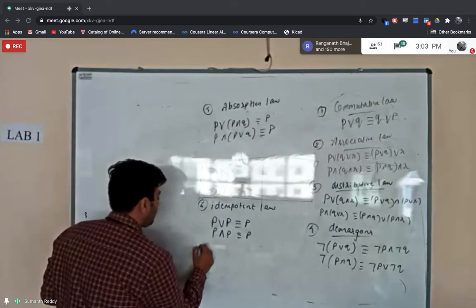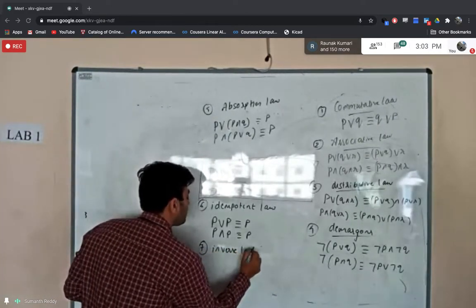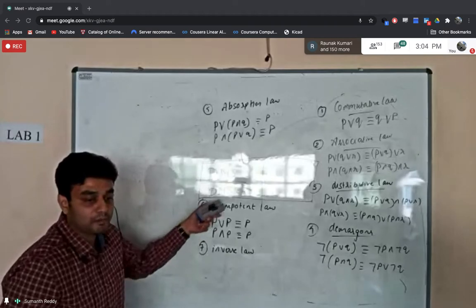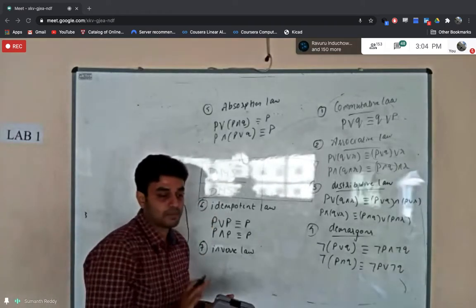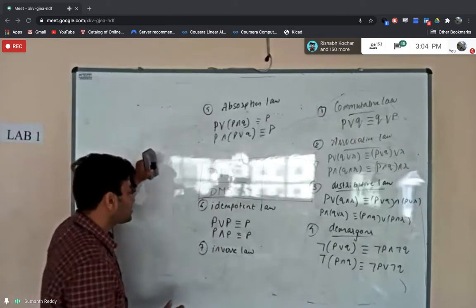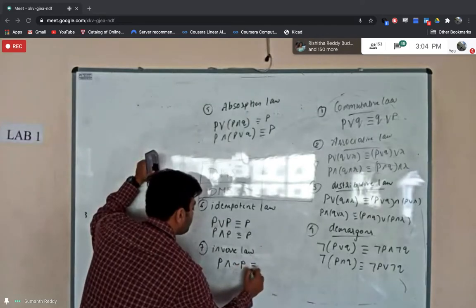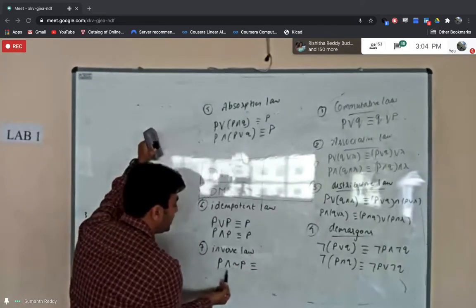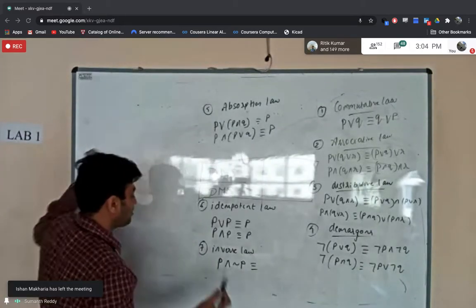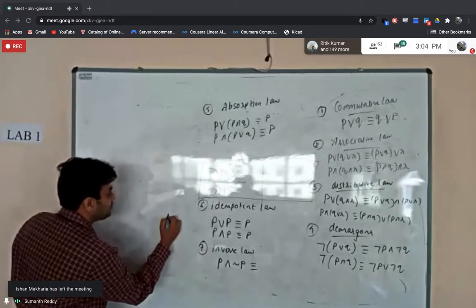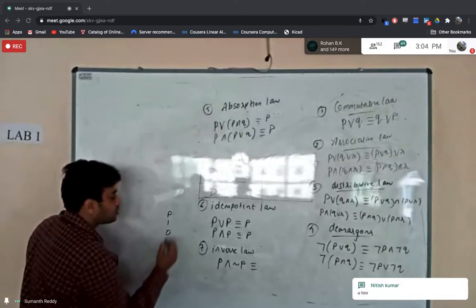Similarly, we have the inverse law. All these laws, along with the rule, you have to remember the name. If you don't mention which law you have applied, you won't get marks. This inverse law states that if I have P and negation of P, that is, any proposition conjoined with its opposite. What values does P take? Either 1 or 0.